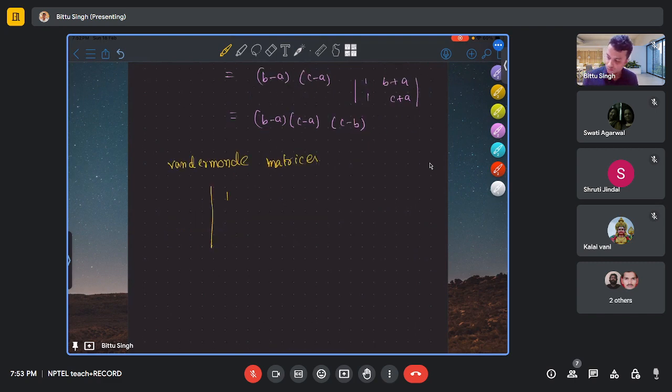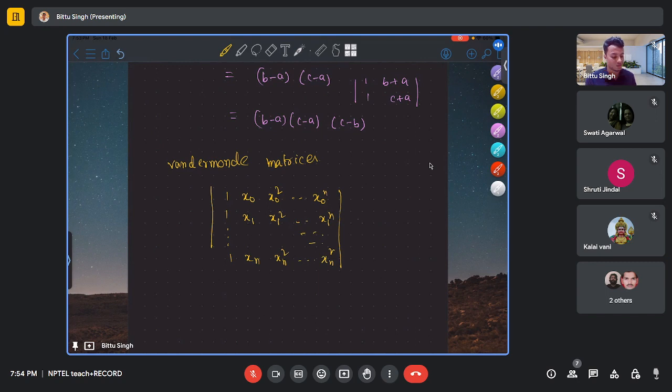1, 1, up to 1, and this is the same as x0 square up to x0 to the power n, then x1 square up to x1 to the power n, and it will continue up to n steps, xn square up to xn to the power n.